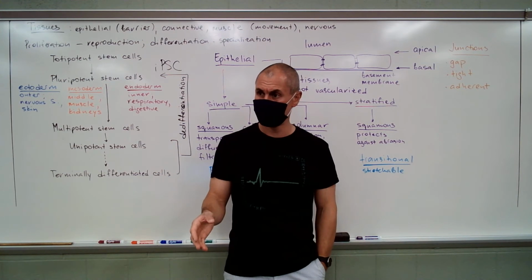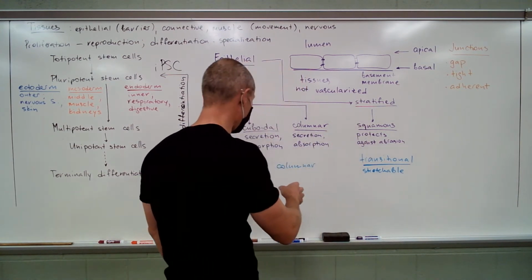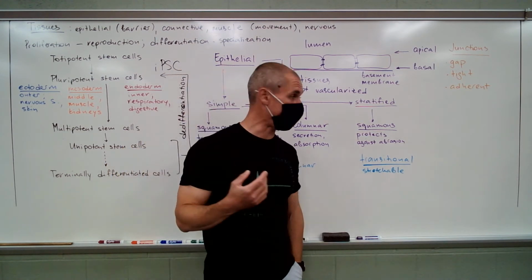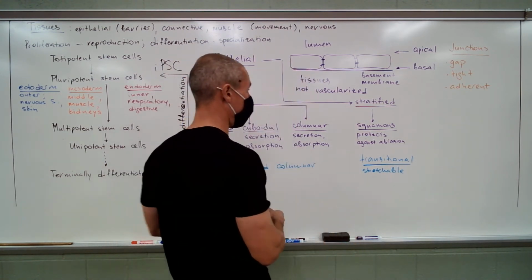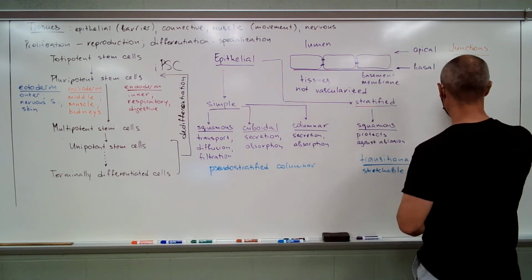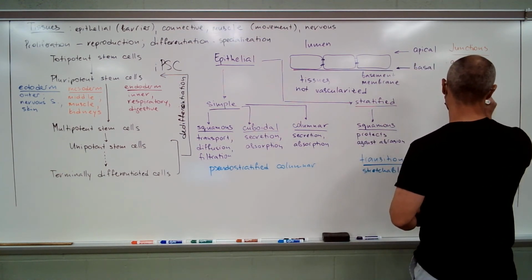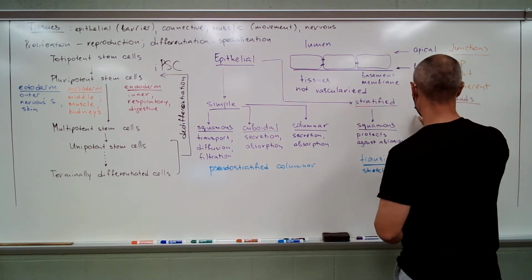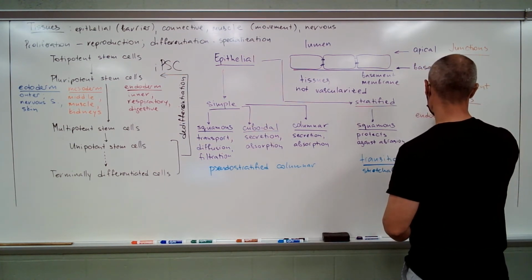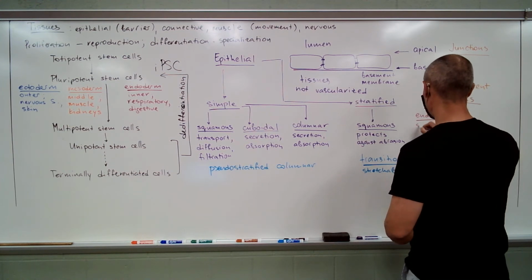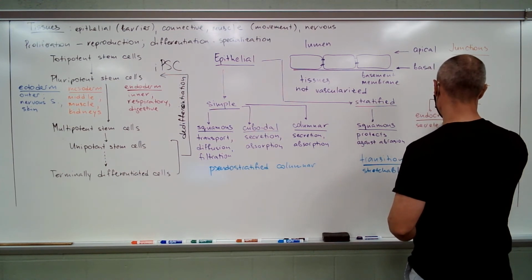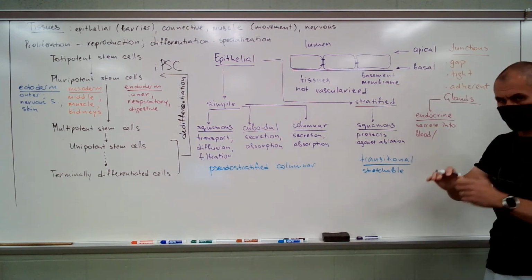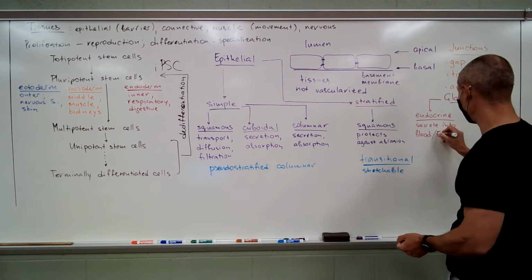Questions so far? Now, last bit about epithelium. Epithelium forms secretory glands. And secretory glands can be divided into two major categories. Endocrine glands secrete into blood, and more broadly extracellular fluid.